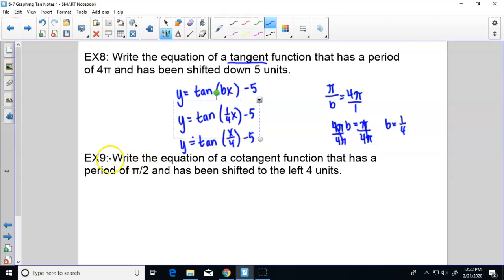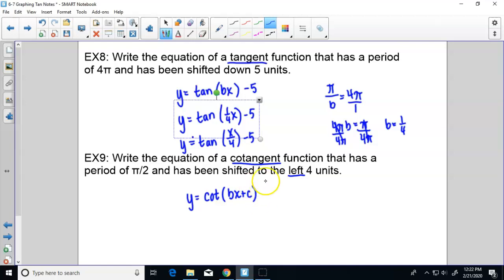next problem. So for number 9, it says write the equation of a cotangent function that has a period of pi over 2 and has been shifted to the left 4 units. So this one has been shifted to the left, so it does have a phase shift. So we'll have y equals cotangent of, right now I'm just going to put bx plus c.